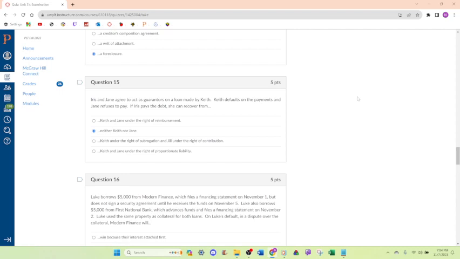That's not what an agreement for guarantor means. You agree to pay it if the other person can't pay it. You can't pay it and then say now you owe me the money; you would basically be ignoring the agreement.